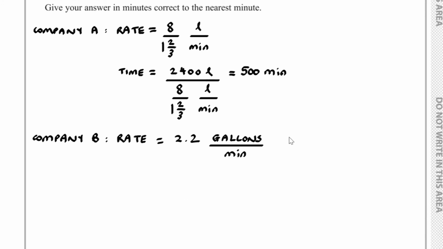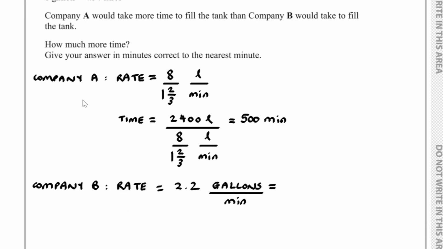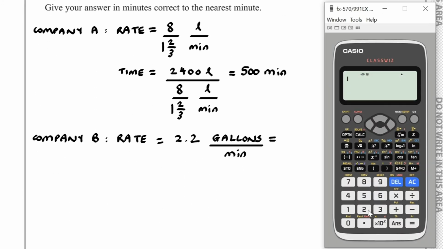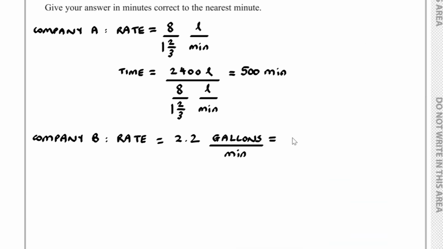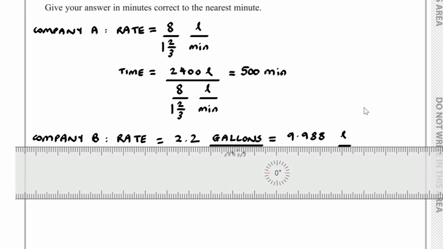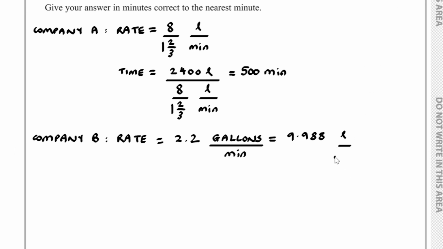And so therefore, if I multiply 2.2 by 4.54, it turns out I get 9.988. So here I have 9.988 litres per minute.